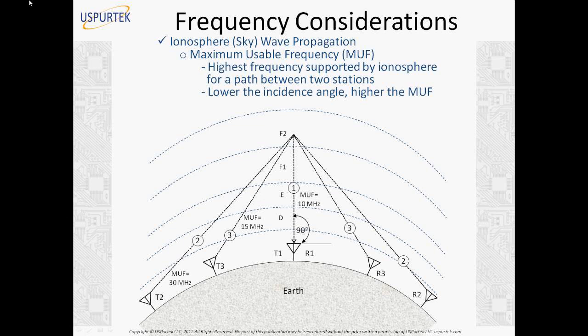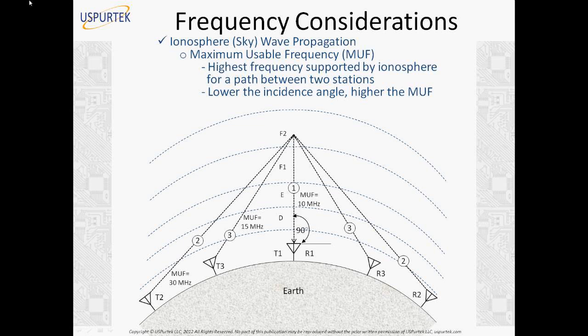In this case, if the elevation angle is reduced, the MUF is higher. For vertical incidence, the critical frequency, the MUF is 10 megahertz. If we reduce the elevation angle to, let's say, 60 degrees, then your MUF is 15 megahertz. If we reduce it further to 30 degrees, your MUF is 30 megahertz.